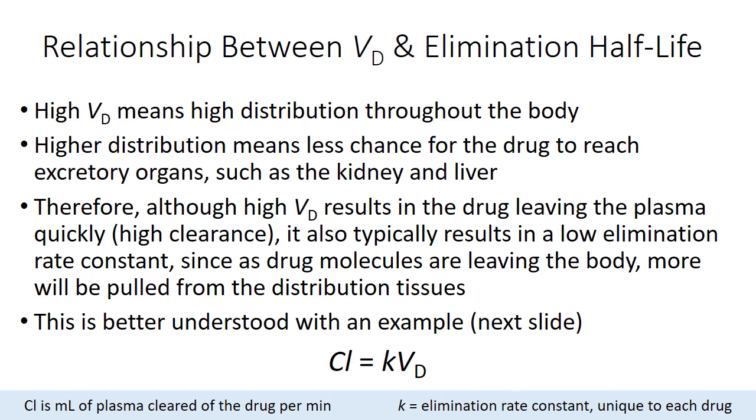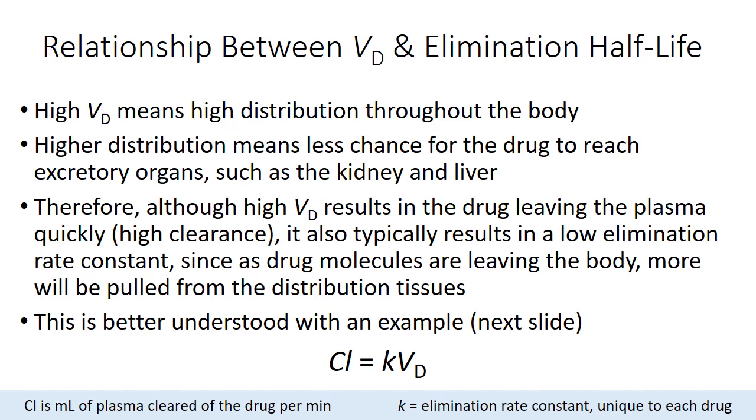Even though a high volume of distribution results in something called a high clearance, and that just means it's out of the plasma, it's getting cleared from the plasma quickly because it's going into another tissue, but it's not getting cleared from the body quickly, right? We haven't really talked much about calculating clearance. There's a whole lecture on that later, but this is just a brief introduction.